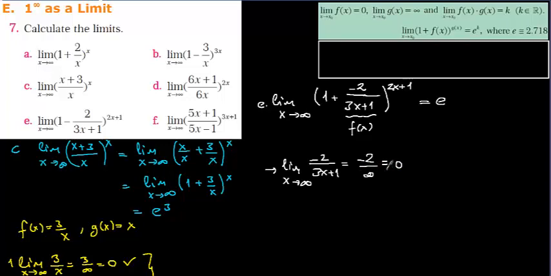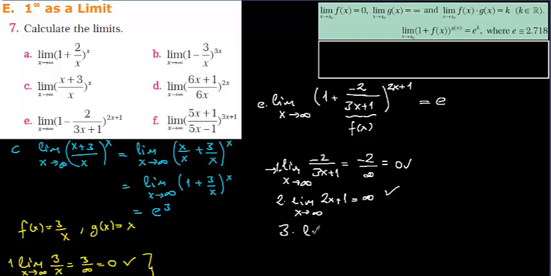Positiveness and negativeness we don't have for 0. Then the second condition: the limit as x tends to infinity of 2x plus 1 is going to be equal to infinity. Yes, it equals 2 times infinity plus 1, again infinity. So the second condition is satisfied.